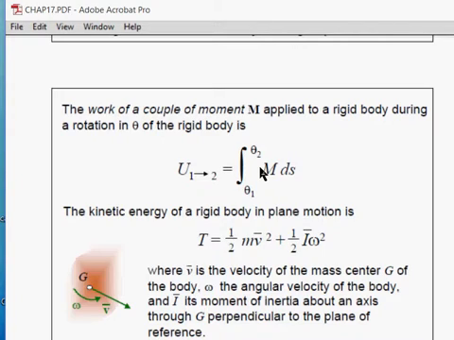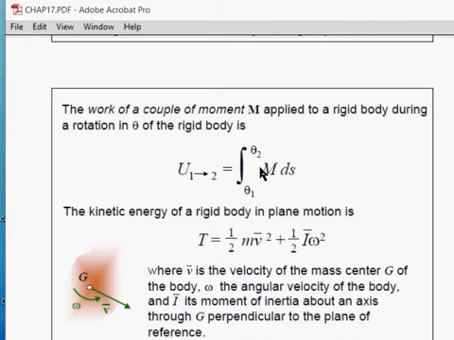So the kinetic energy of a rigid body in plane motion, remember what plane motion is: translation plus rotation. So when a vehicle rolls over, it is not only translating, but is rotating about the center of mass. It's the same principle as with a football.